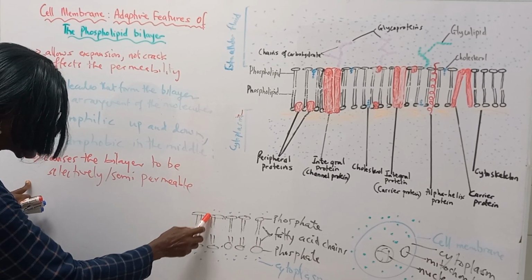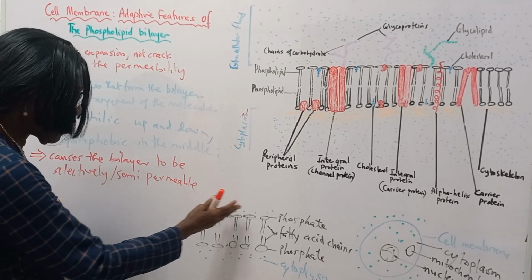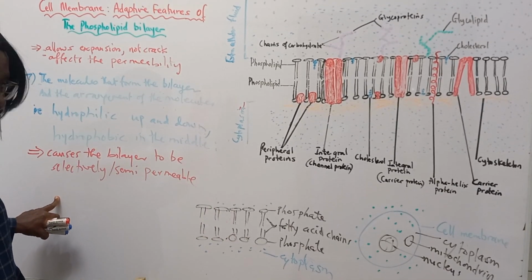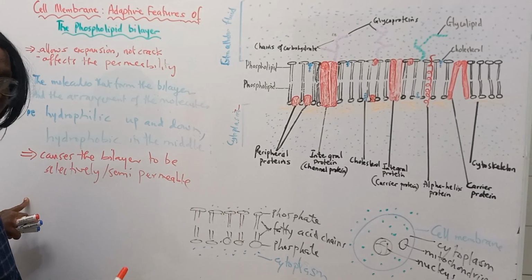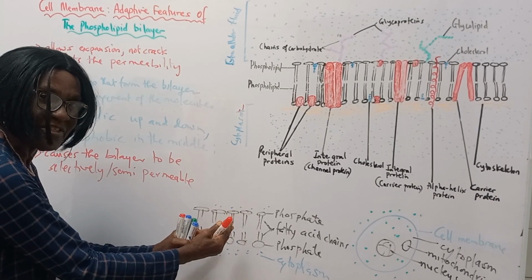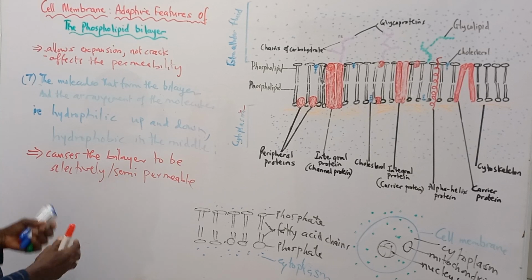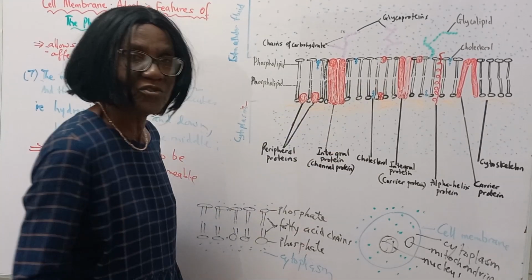So the substances that go through are specific tiny polar molecules or ions, because of the nature of the molecules, how they are arranged, and their characteristics. That makes it selectively permeable, even though the proteins also do it.